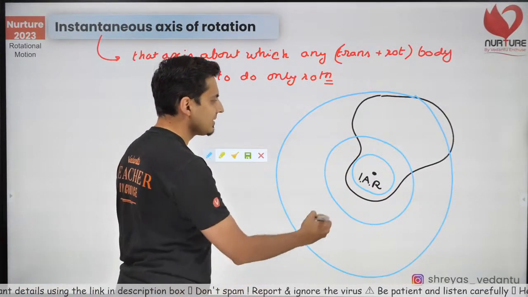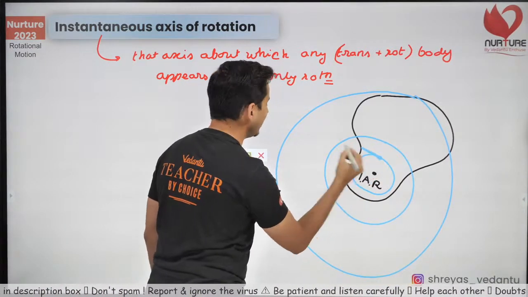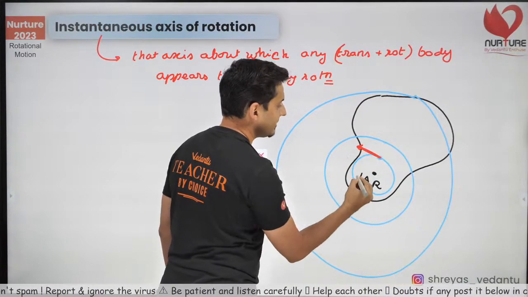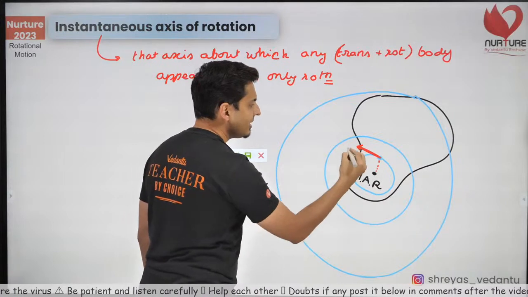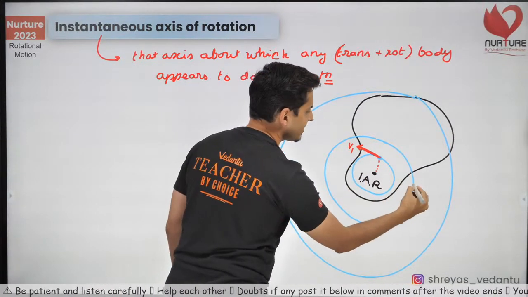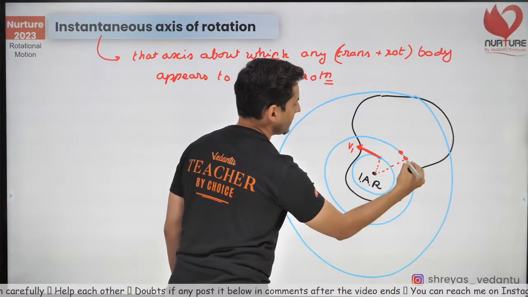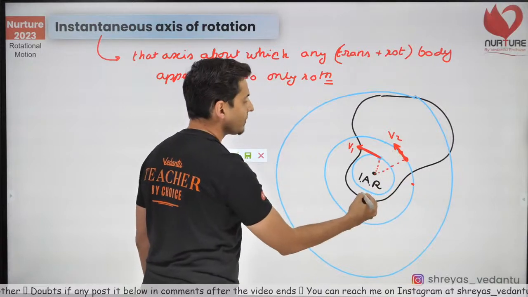And the best part is, any point over here will have a velocity, let me just put it in a different color, will have a velocity like this, and it will also depend on how far you are from the axis. Let's say this is V1. This point over here will have a velocity like this, let's say V2.